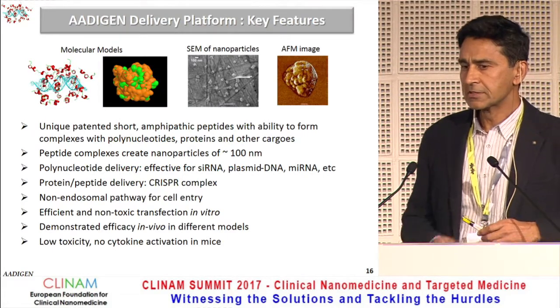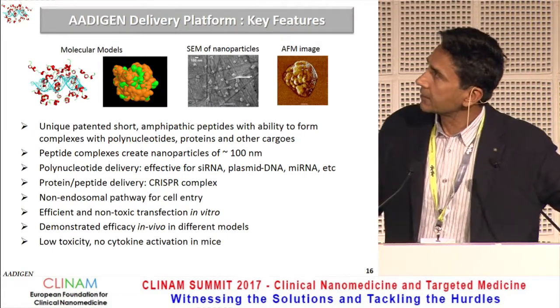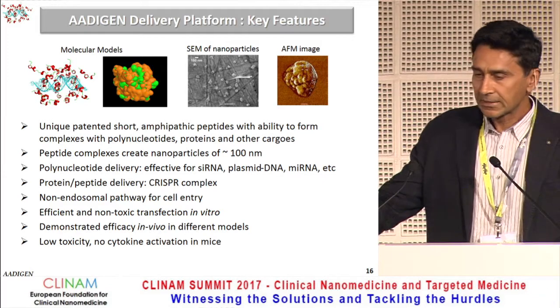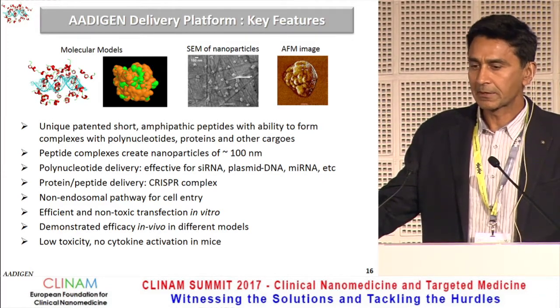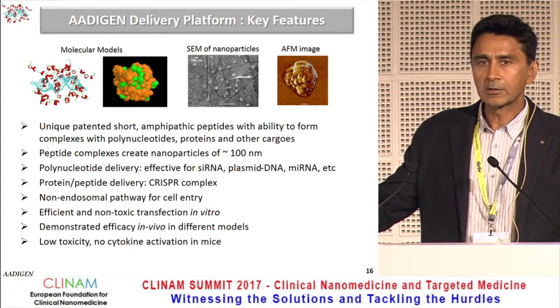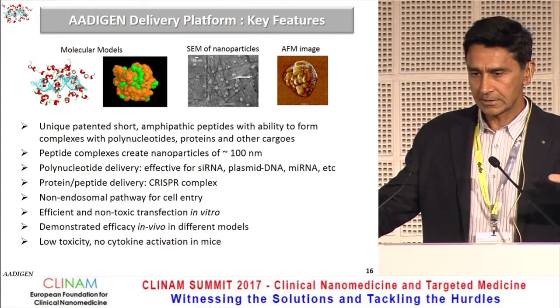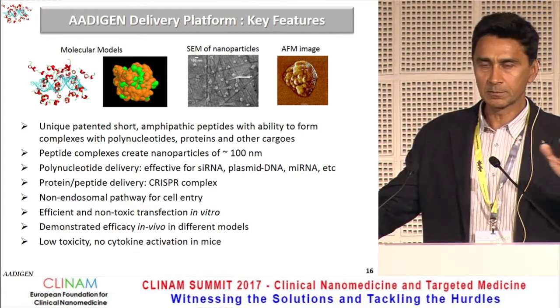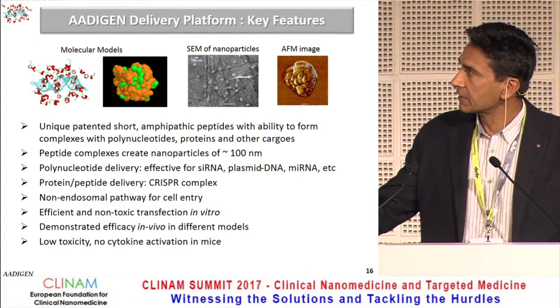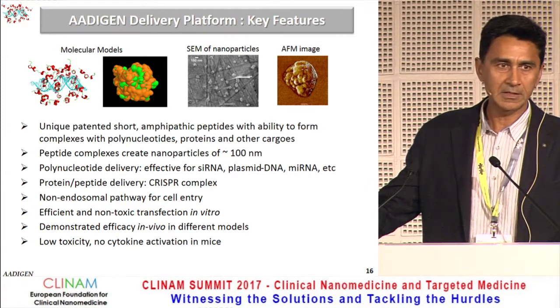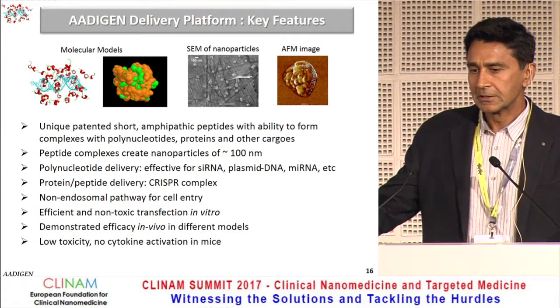So to summarize quickly, the Aadigen delivery platform has some key features. These are patented, designed peptides that can complex with different cargoes, and you select the type of peptide for the particular cargo that you want to deliver. These seem to be effective in the early testing across different types of nucleotide payloads.